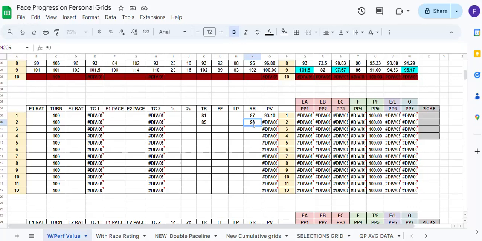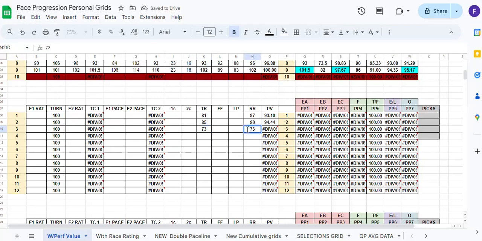Come on, work with me here. There we go. Giving that a 94.44 performance value. Now all of a sudden you have a 3-horse coming out of a race with a target rating of a 73. And let's say he won the race.